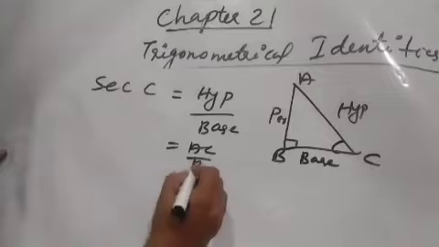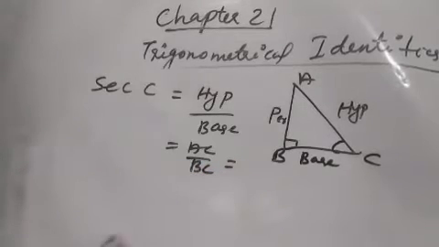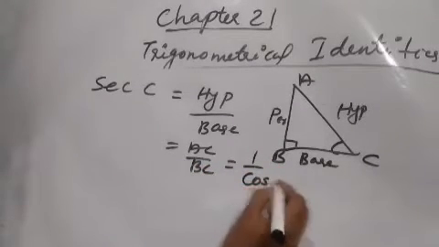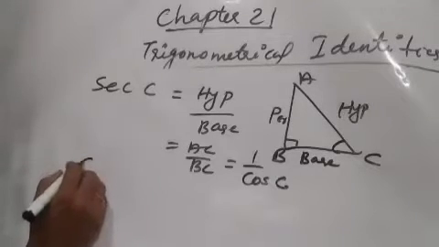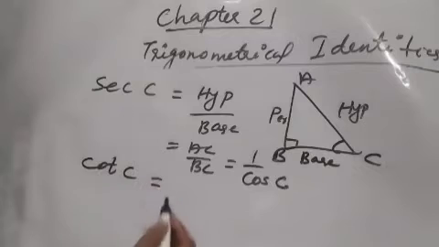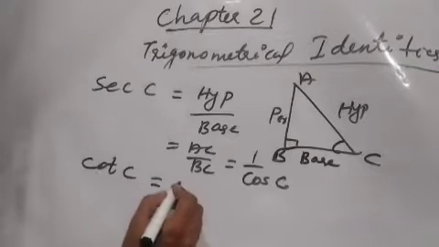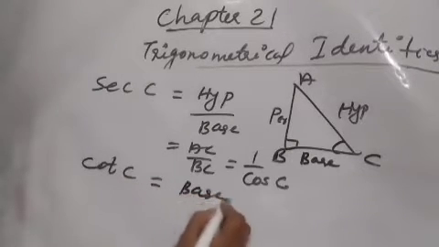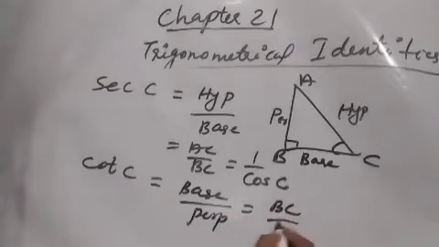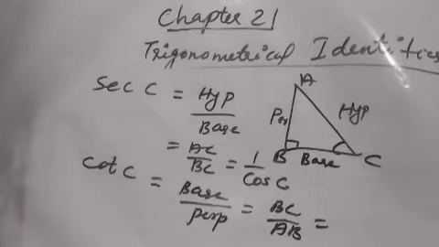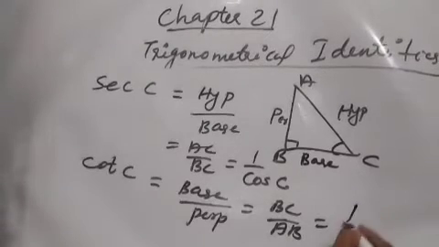AC by BC. And you can see that it is the reciprocal of cos. And the last one, cot C. Cot is the ratio between base and perpendicular. That is BC by AB. You can see it is the reciprocal of tan.